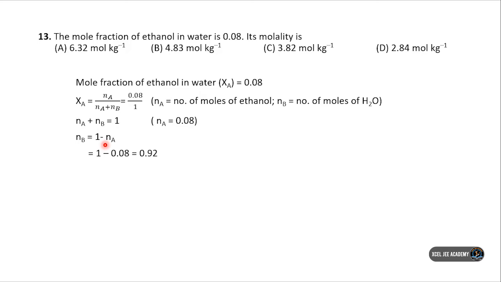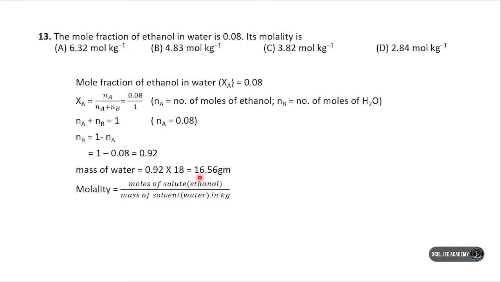Now we have to find the mass of H2O, that is the mass of the solvent. So mass of solvent is equal to 0.92 multiplied by 18, where 18 is the molecular mass of water, that will give 16.56 gram. To find molality we first write the formula, that is moles of solute, in this case ethanol, divided by the mass of solvent, that is water, in kg.